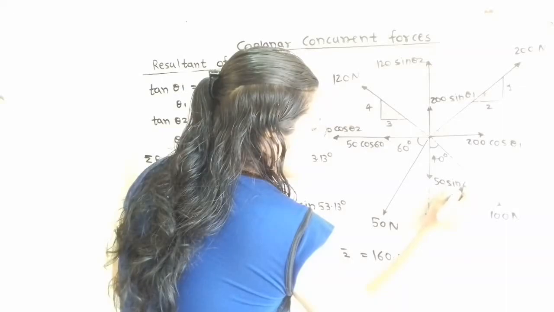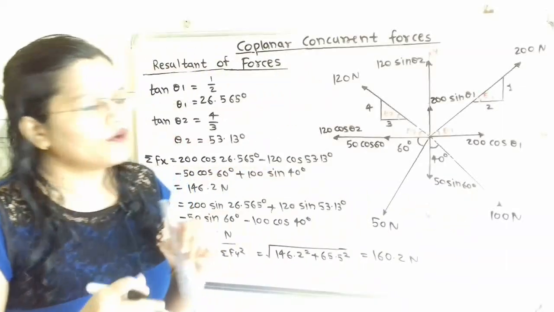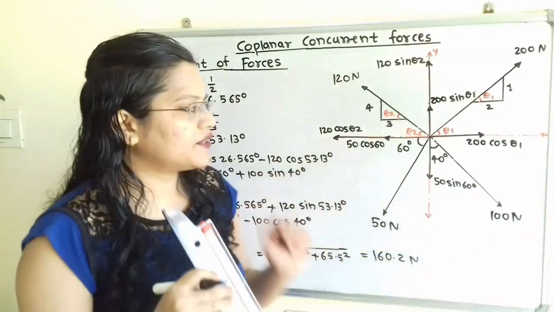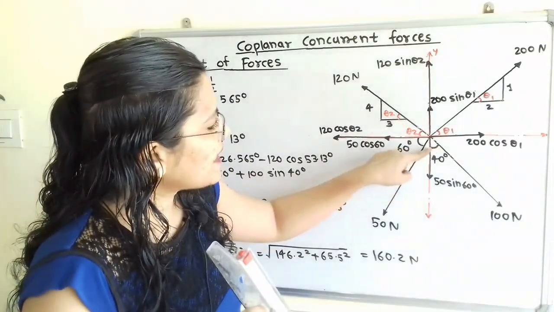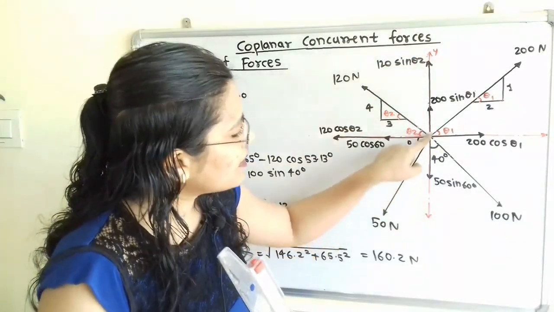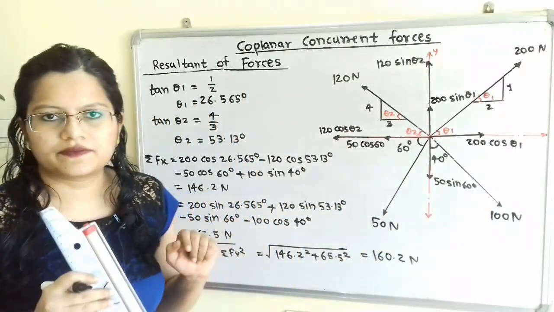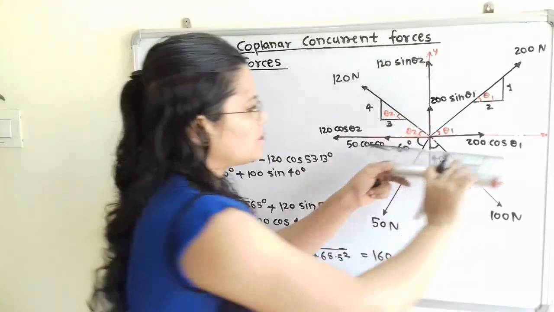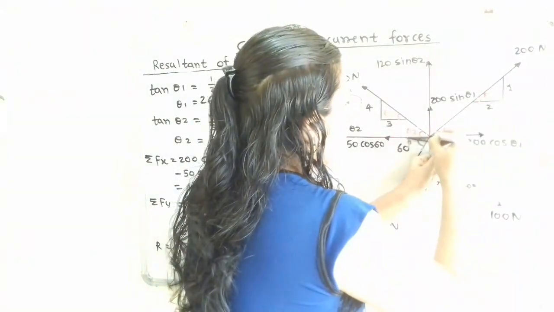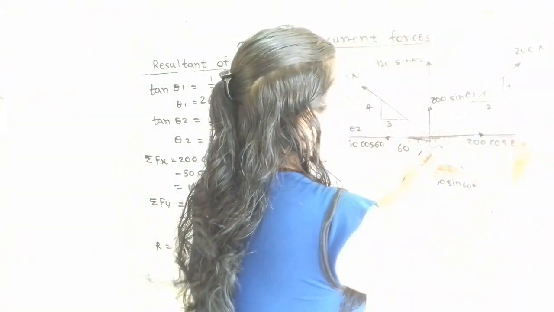Now the last force is 100 Newton. If we observe here, this angle is in between the vertical line and this force. Now I will show the horizontal component. This is the most important point: the horizontal component is always along the x-axis.